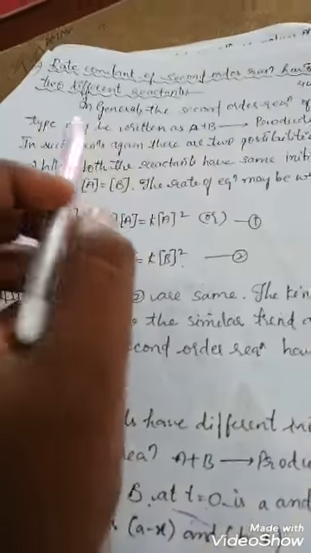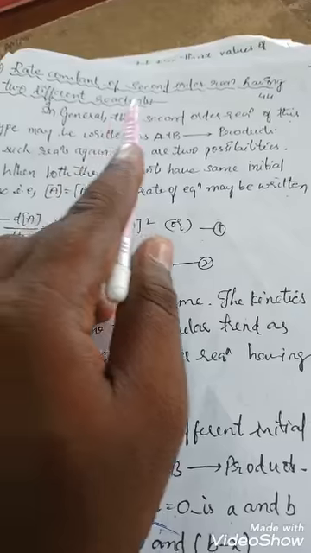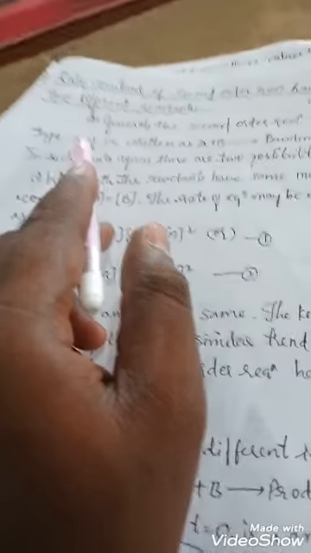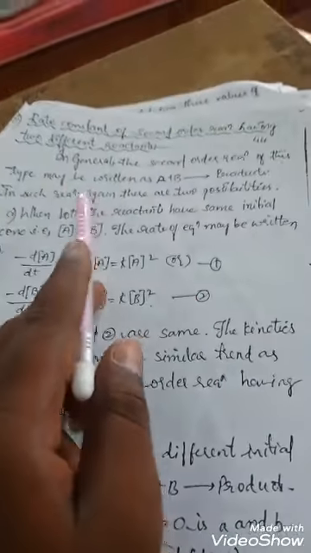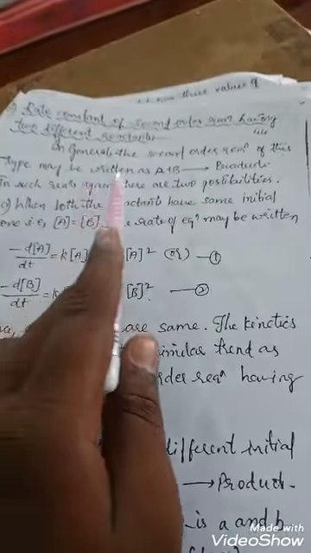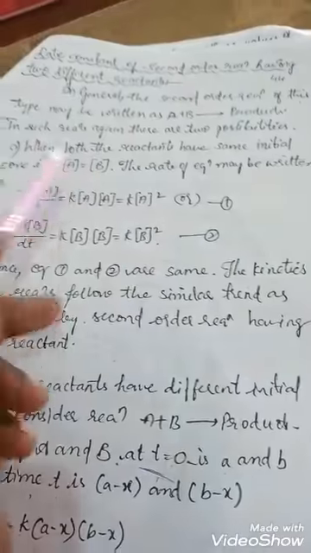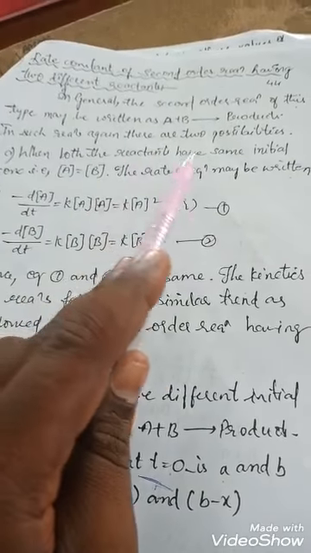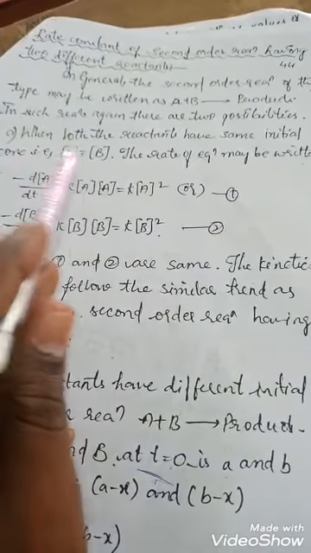First of all, students, listen about the rate constant of a second order reaction having two different reactants. In general, a second order reaction of this type may be written as A plus B gives products. In such reactions, again there are two possibilities.